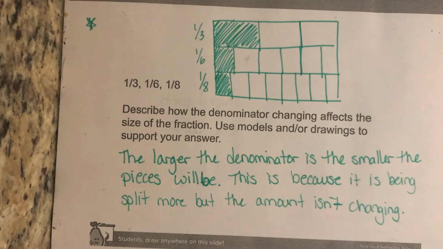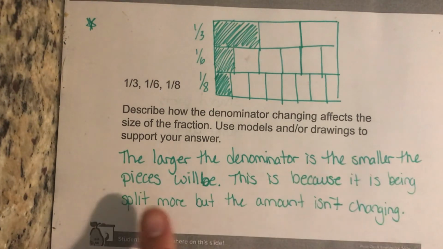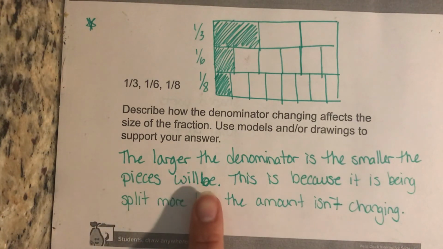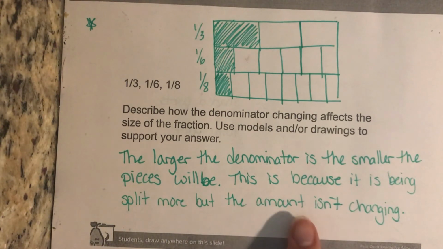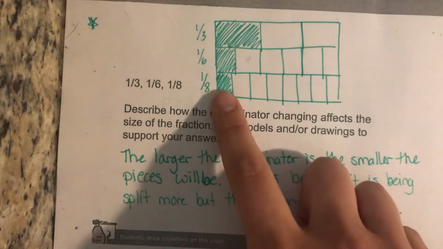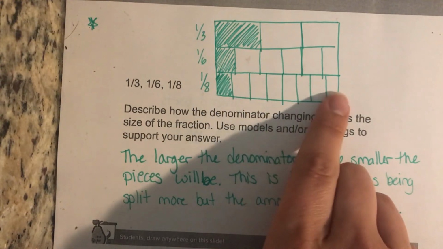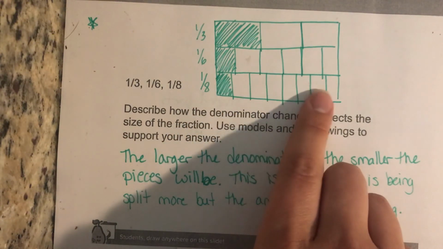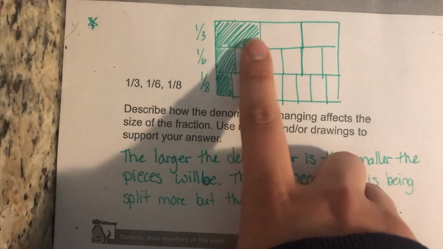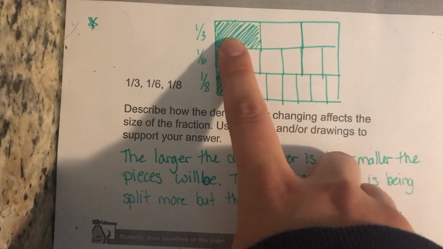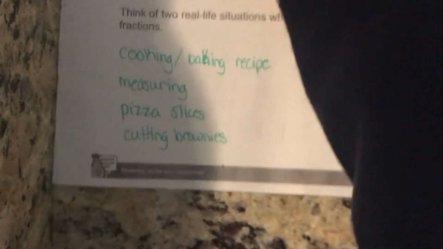So here, the larger denominator is the smaller fraction, or the smaller the pieces will be. This is because it is being split, but the amount isn't changing. Meaning, as I make more and more pieces within this same size, they're getting smaller. But if I split it and share it less, my pieces will be bigger.